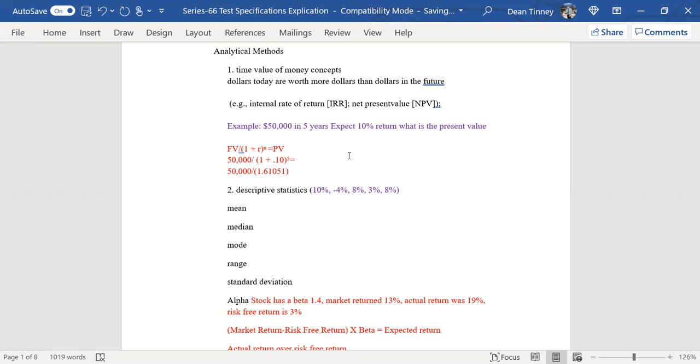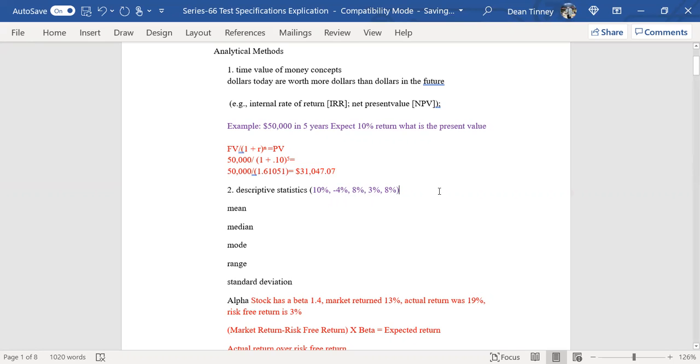And then when we do that math, we find out that the net present value is 31,046.07.